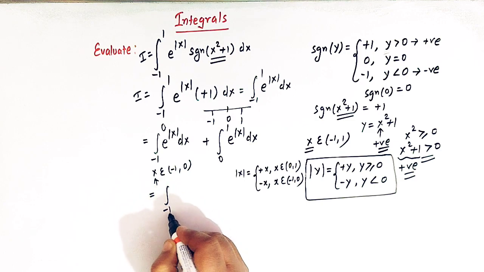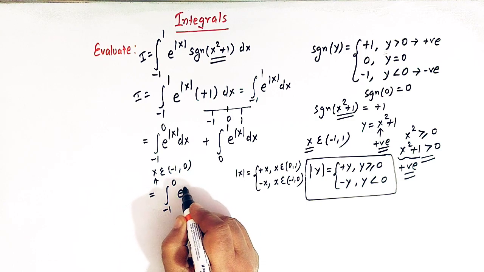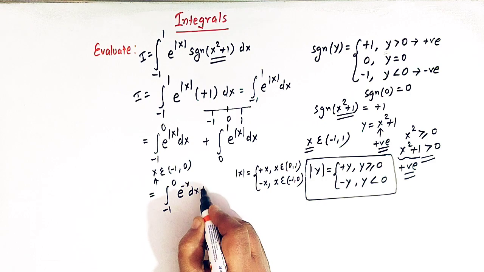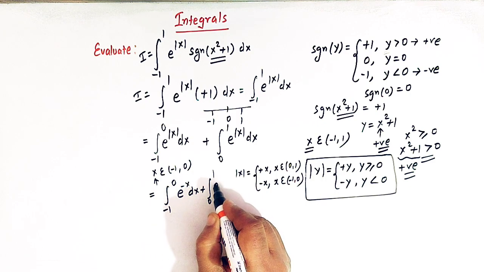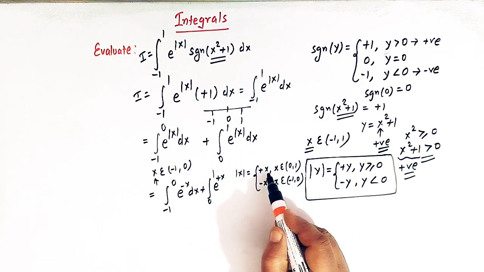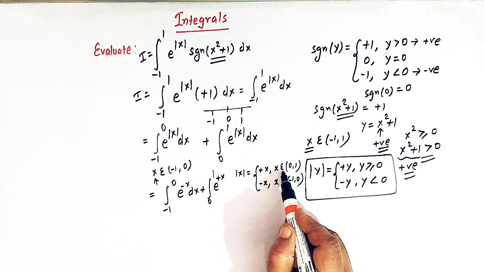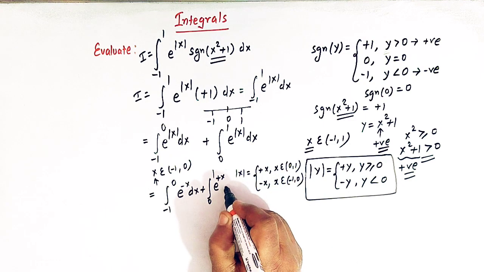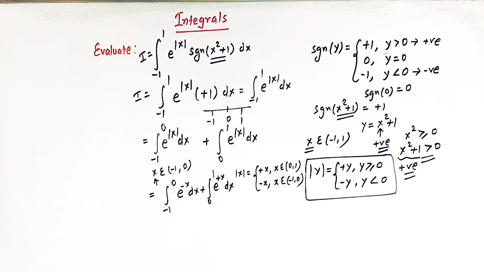So we have the integral from -1 to 0 of e raised to minus x dx, and from 0 to 1 e raised to positive x, because mod of x is positive x when x belongs to 0 to 1, dx.